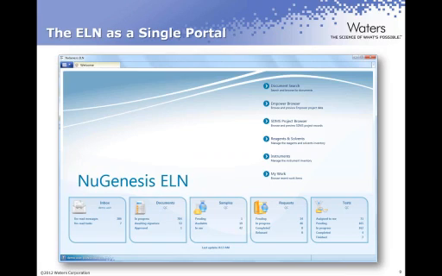Here you can see an example of how an ELN can actually serve as a portal for the lab operation. From here, users can access their current work, but they can also get an overview of the entire work which is currently going on in their laboratory.